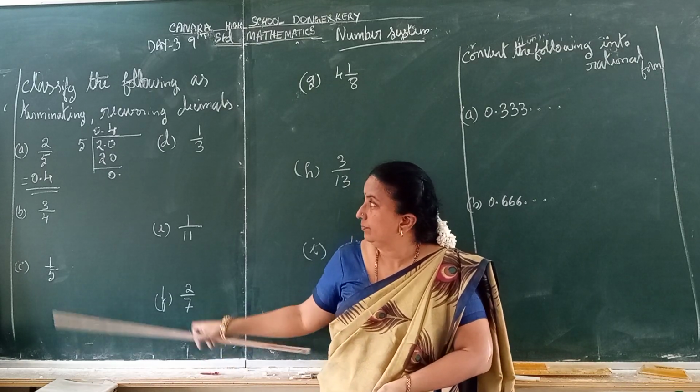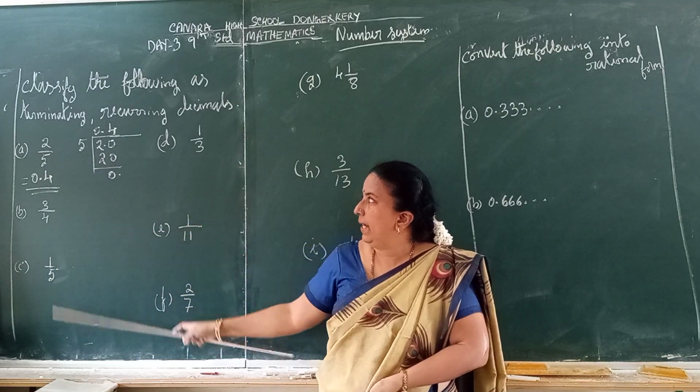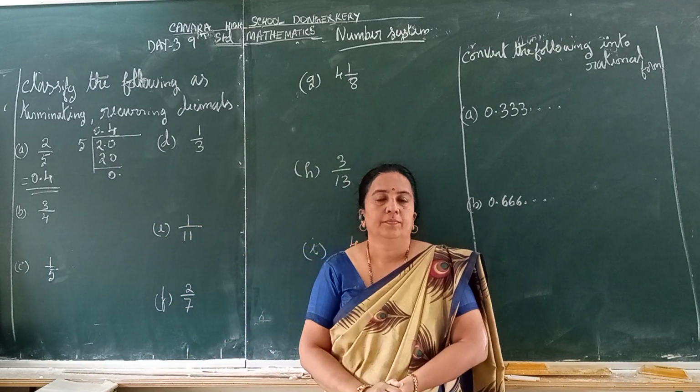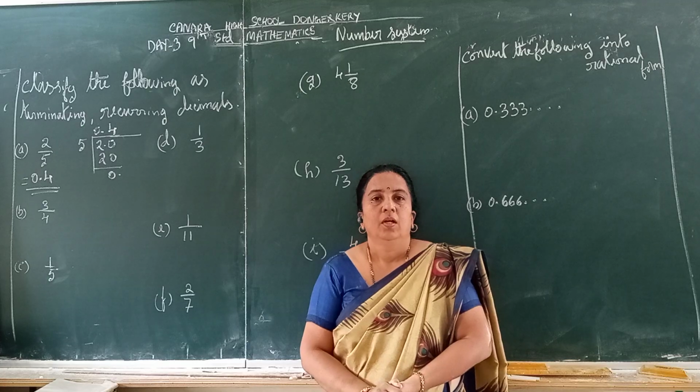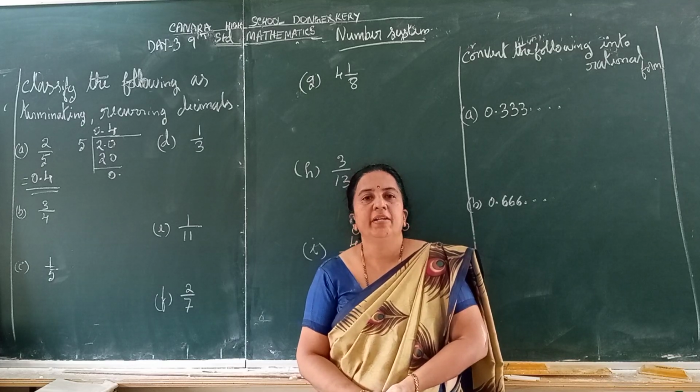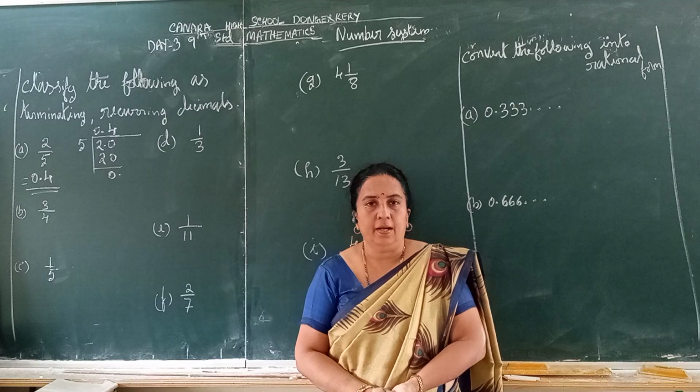First question, 2 by 5. Use long division and find the quotient and remainder.